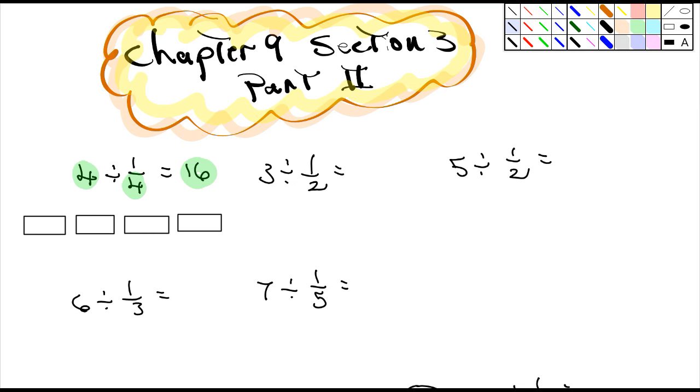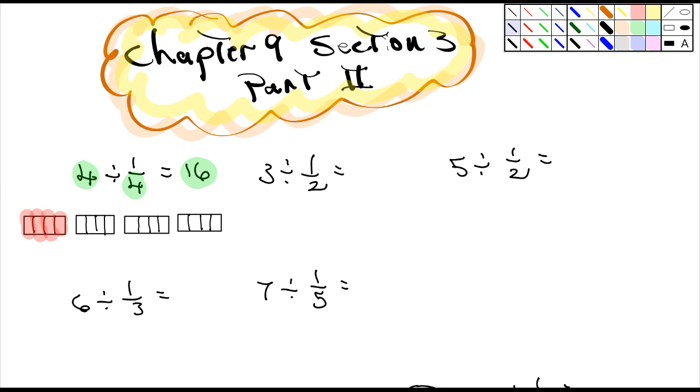So let's look at this first one here. There's 4 quarters, and here's again 4 quarters, and here's 4 quarters, and here's 4 quarters. Notice each one of these rectangles has 4 parts.